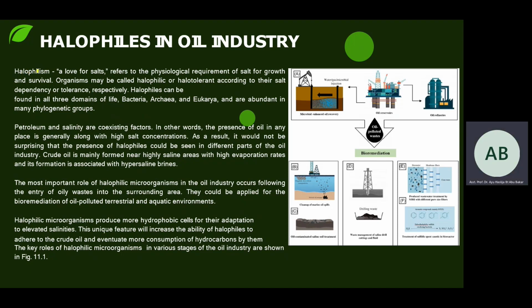So here, halophilism, a love for salt, refers to the physiological requirement of salt for growth and survival. So this kind of microbes require salt for growth and survival. The organisms are called halophilic or halophiles, or halotolerant, according to their salt dependency or tolerance.